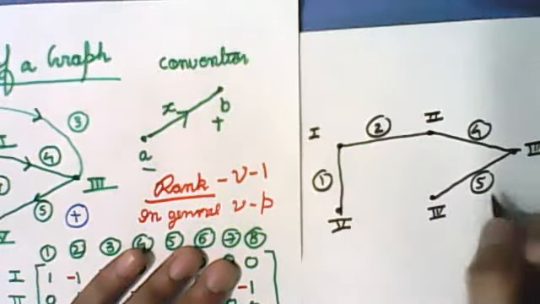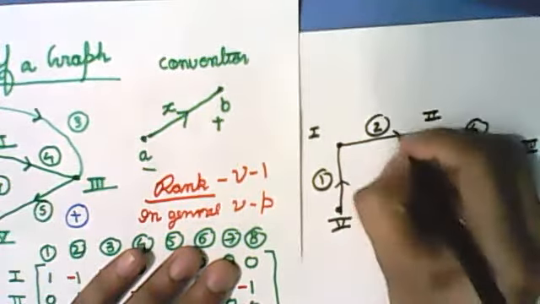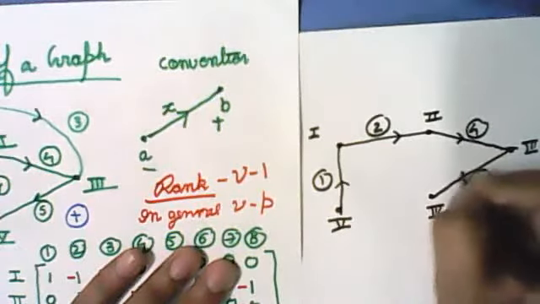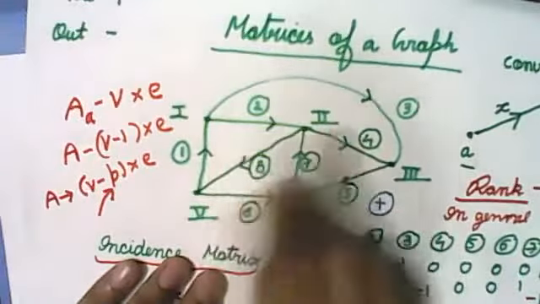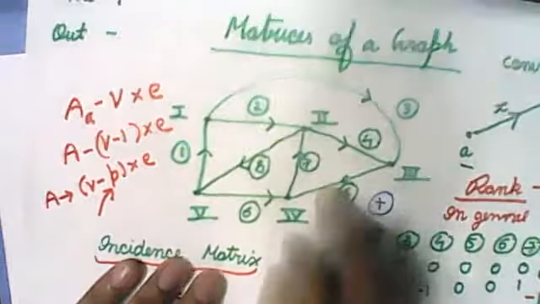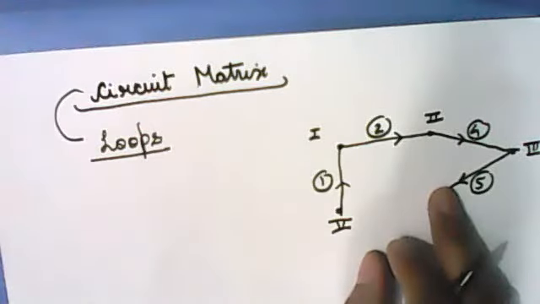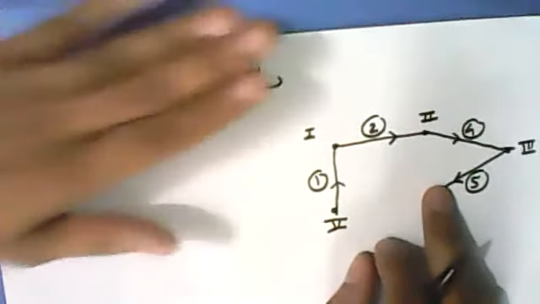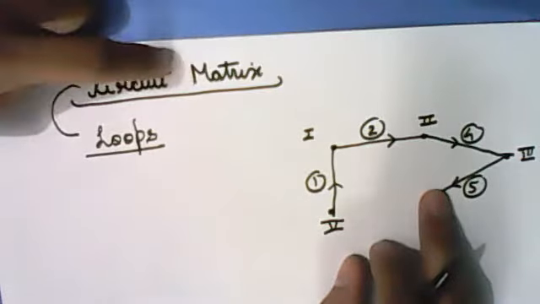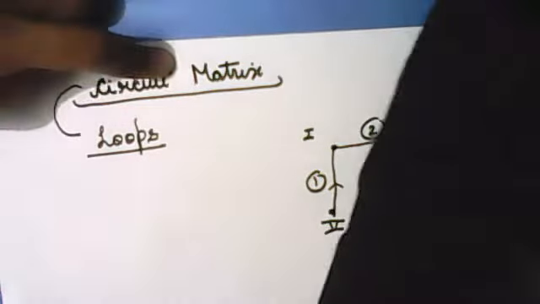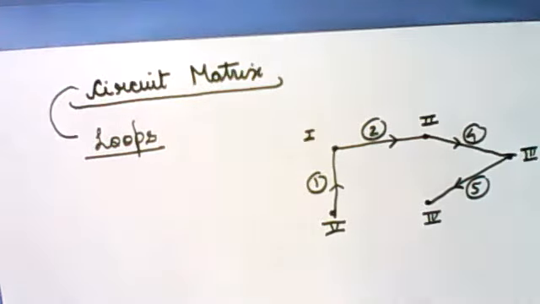So 1 2 4 5, and the directions are like this. Okay, I have chosen from this only 1 2 4 and 5. So this is a tree now. Does this satisfy the equations? As of now, you just ignore the circuit matrix. I'll come on to it after some time.